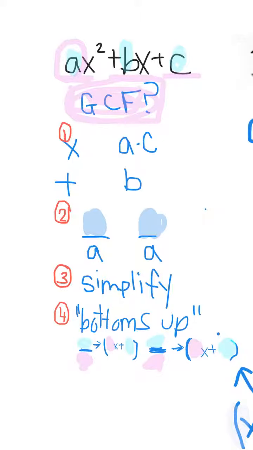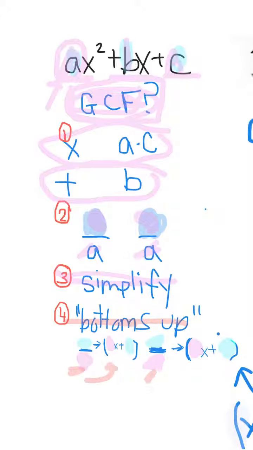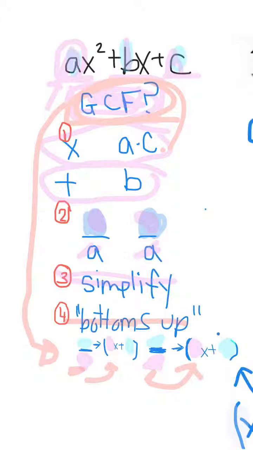Then, look for two numbers that multiply to the product of a and c, and that add up to the middle coefficient b.